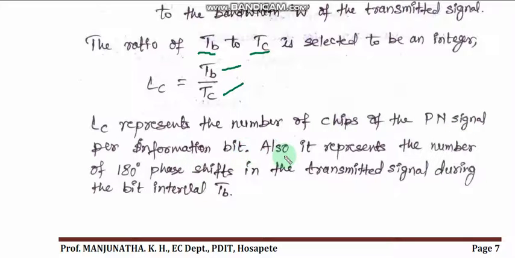It also represents the number of 180-degree phase shifts in the transmitted signal during the bit interval TB. We shall see it later. What is LC? It has simply been introduced here. Remember, LC is equal to TB by TC.